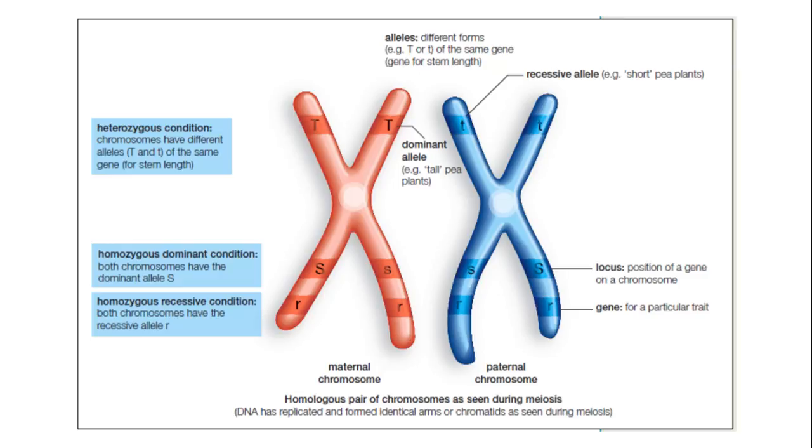So for something to be heterozygous, as we covered last video, it will have to have both a dominant and a recessive allele, and then something can either be homozygous dominant or homozygous recessive. If something is homozygous dominant, then we see them as having both of the dominant alleles, and if something is homozygous recessive, they have both of the recessive alleles. If we use the word locus, it just means the position of a gene on a chromosome, and we remember that a gene is coding for a particular trait.